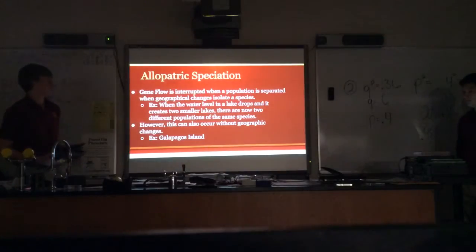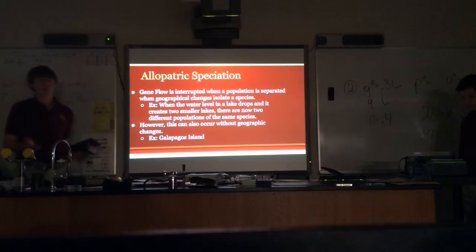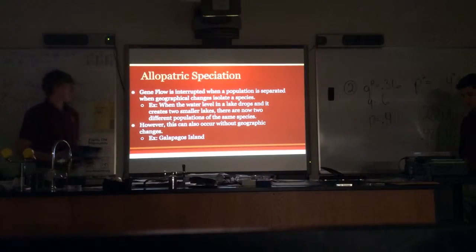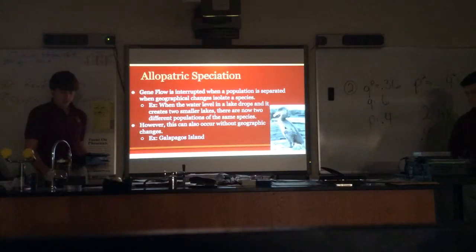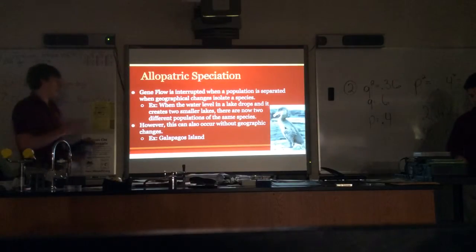So an example of this is when there's a lake and the water level drops and it creates two smaller lakes, and therefore there are two populations of a new species. However, this can also occur without geographic changes. The example here is the flightless cormorant, which most likely originated in this way from an ancestral flying species, but right now it can't fly and it's on the Galapagos Islands.